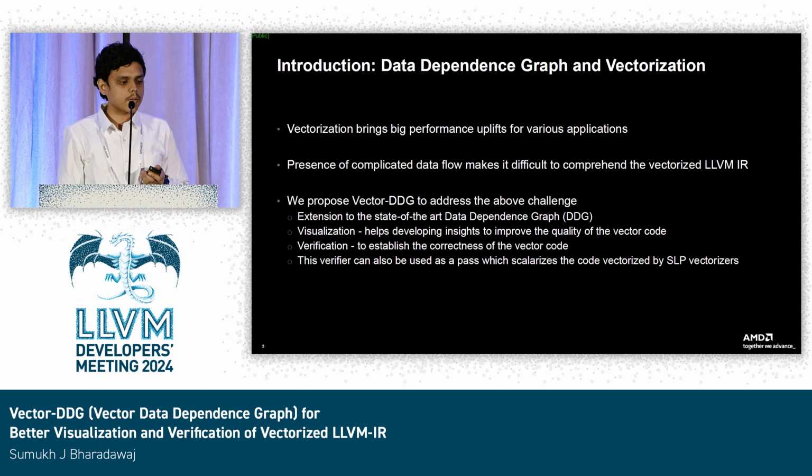Thus, our project aims to tackle this challenge by providing an extension of the existing data dependence graph by providing a visualization for the same, as well as utilize the constructed graphs to verify the vectorization that has been performed.